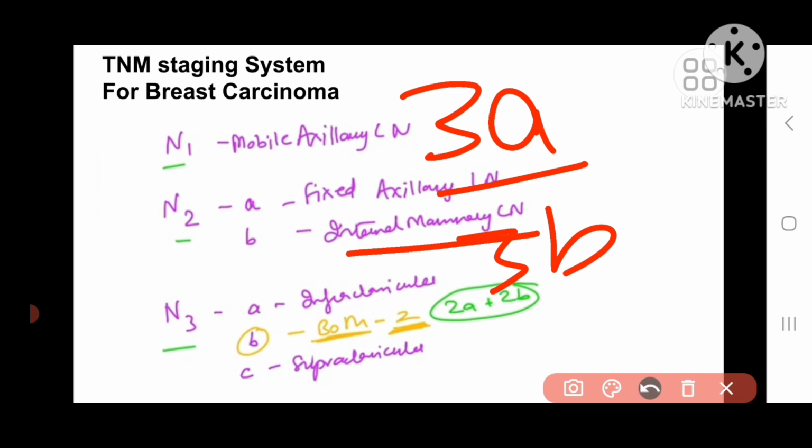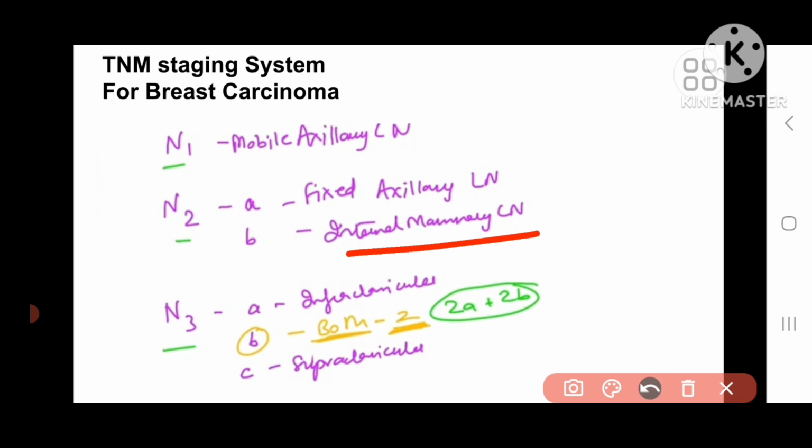N in breast carcinoma is classified into N1, N2, N3. N1 means metastasis to axillary lymph nodes level 1 and level 2 that are movable. N2a means metastasis to axillary lymph nodes level 1, level 2 that are fixed. And N2b means metastasis to ipsilateral internal mammary lymph nodes.